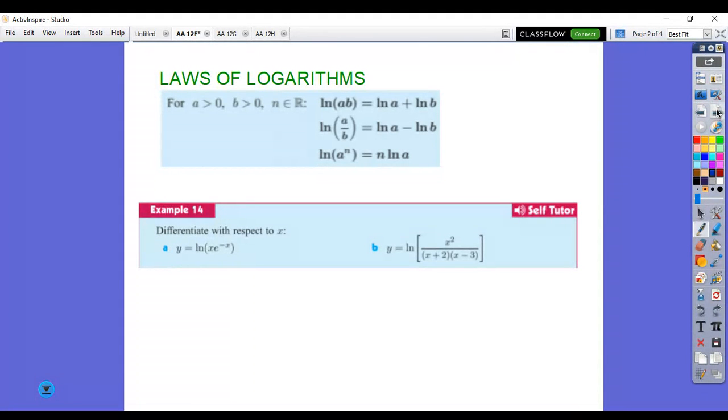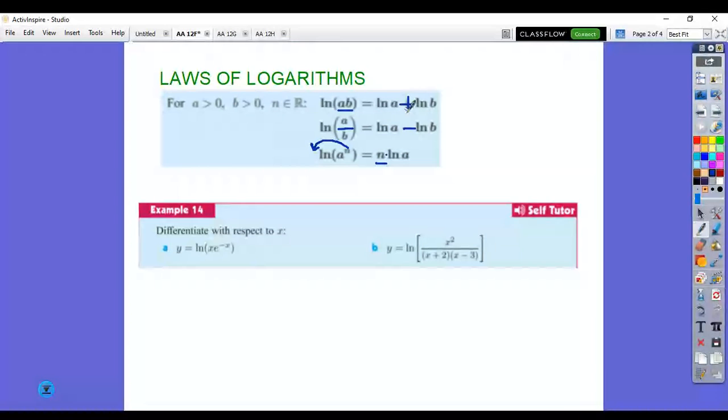So sometimes it's helpful for us to remember our laws of logarithms. When we multiply two quantities, we can actually separate them and add the logs. When we're dividing the quantities, we subtract the logs, and anything to a power, we can bring down and take n times the log.